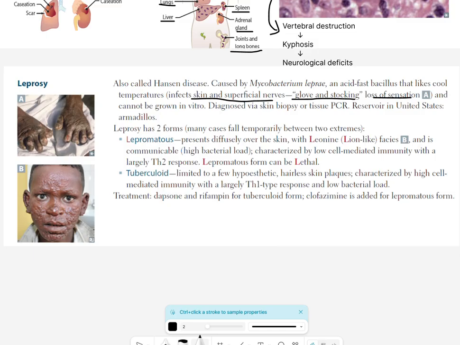Why does it grow in cool areas? Because M. leprae grows best at 30 degrees Celsius, a low temperature. Therefore, it attacks the superficial skin, which is at a lower temperature: the fingers, toes, nose, ears. It doesn't affect the deep organs.